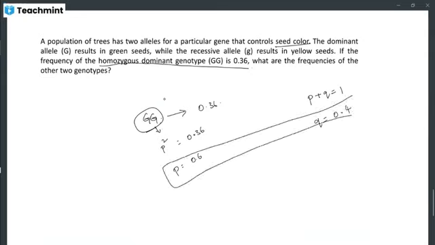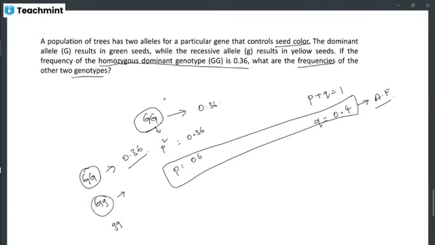Right? So once you have obtained the allelic frequencies, let us proceed to the genotypic frequencies. He told that this is one genotypic frequency, as he mentioned, it is 0.36. So the other remaining two genotypes will be this and then this. So now tell me, what will be the genotypic frequency of heterozygous individuals if this population is in random mating?